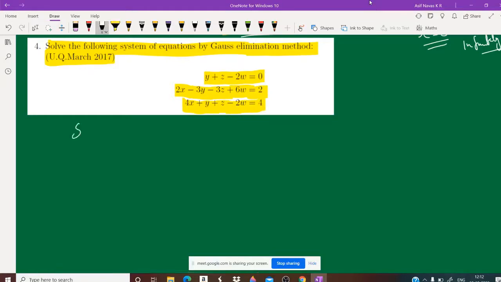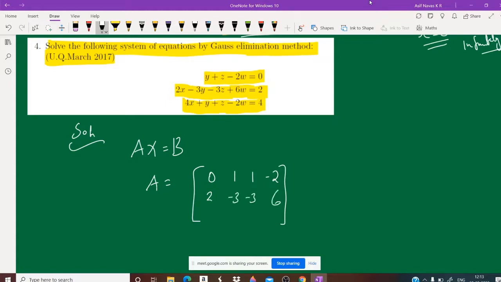So the similar steps we will do. The first step is we have to write Ax equal to b. So what is A? The first row is 0, 1, 1, minus 2, and second row 2, minus 3, minus 3, 6, and third row 4, 1, 1, minus 2.